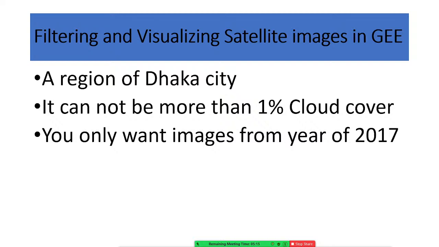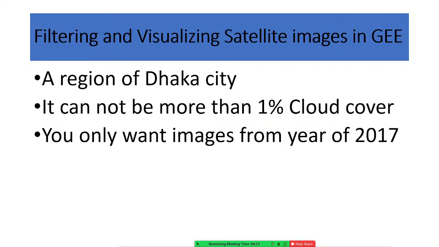Suppose I want only the images from the year 2017, or any other date that you need. So these are the total 3 factors when you filter any satellite imagery. It can be Landsat, Sentinel, or MODIS, any satellite imagery.